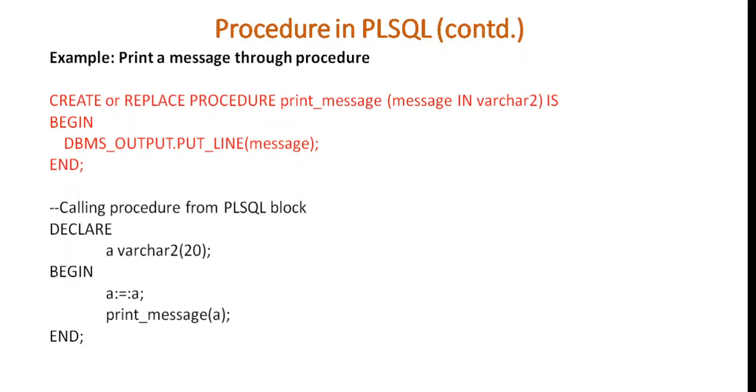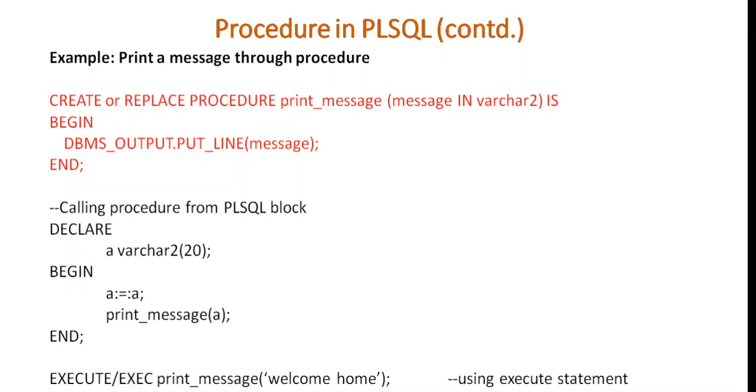Okay, so this is a simple procedure to print a message. Now if we want to call a procedure from a block, then we use the procedure name and parameter. If we don't want to call that procedure from a block, if we want to execute that procedure as a standalone procedure, then we can use either the EXECUTE keyword or the EXEC keyword, and after it you can simply write your procedure name and in brackets write the message that you want to print, or the parameter that you want to evaluate in the procedure.